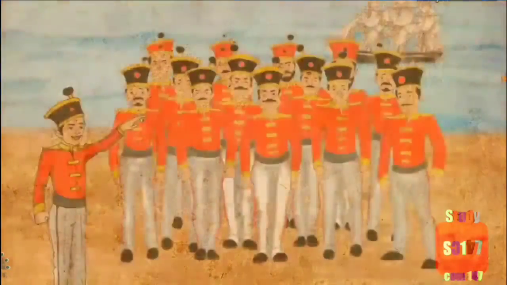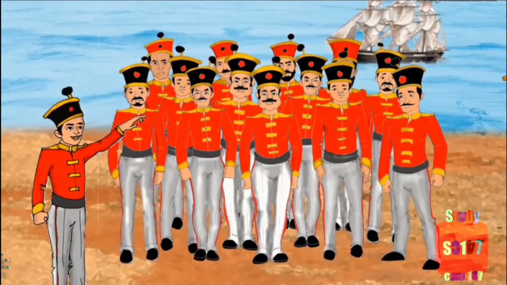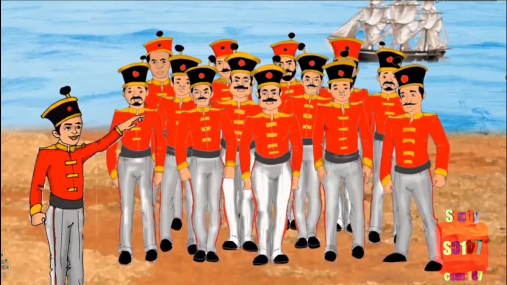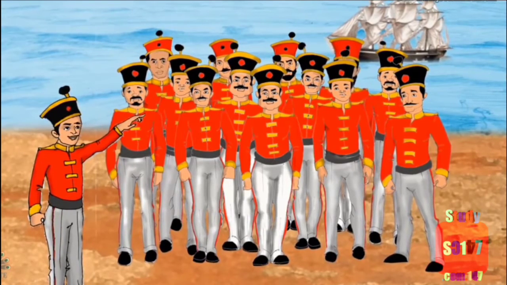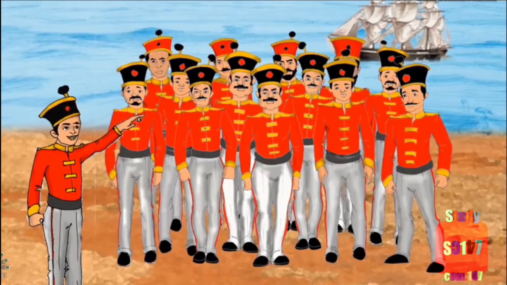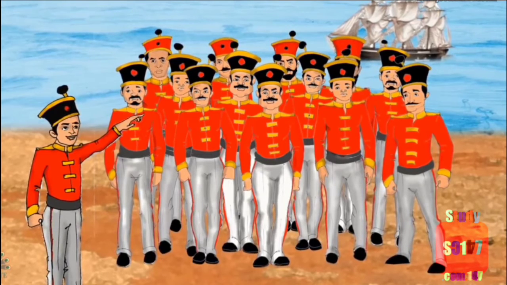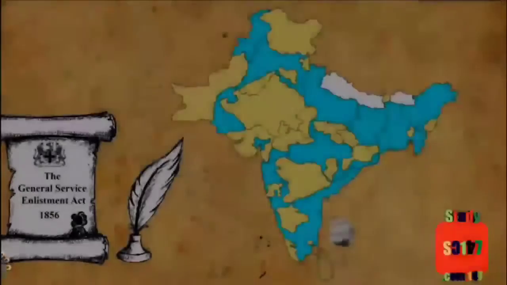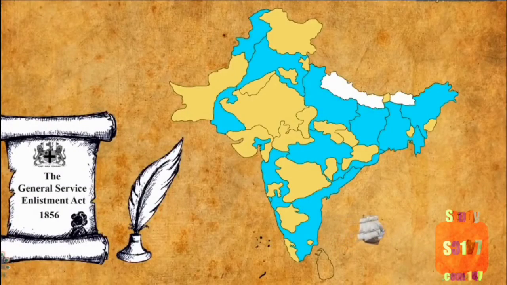The conditions of service in the company's army increasingly came into conflict with the religious beliefs of the sepoys. To a religious Hindu of that time, crossing the sea meant loss of caste. The General Service Enlistment Act, passed in 1856, made it compulsory for an Indian sepoy to serve overseas if required by the government.